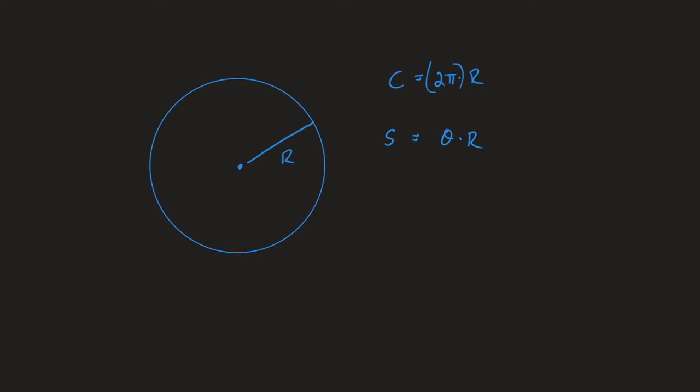Going one step further, how big the piece of arc is also equal to a piece of angle times the radius. This might be where we're making a few mistakes and is worth pursuing.